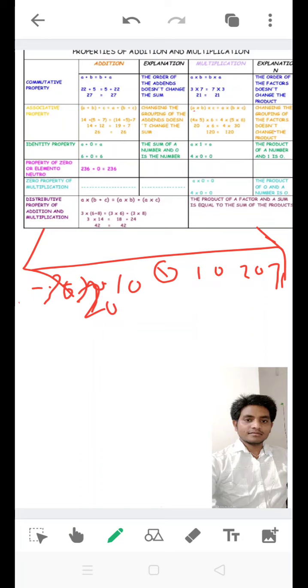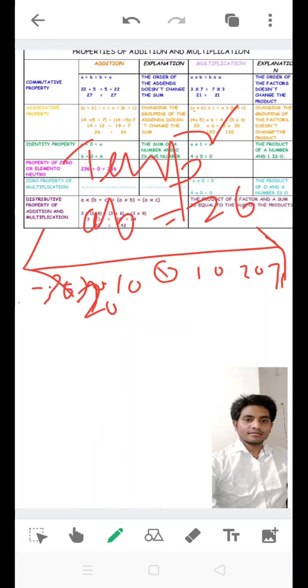Suppose today's temperature of Gorakhpur is 26 degrees centigrade, and after 2 days we recorded the temperature 36 degrees centigrade.